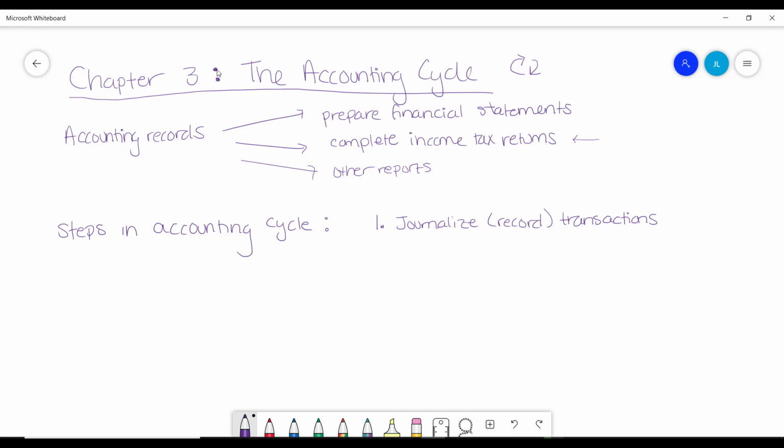In this chapter, we're actually going to learn how to journalize those transactions. Step 2 is you post each journal entry to the ledger accounts, and all of this we'll get into. After you do that, you can prepare a trial balance.